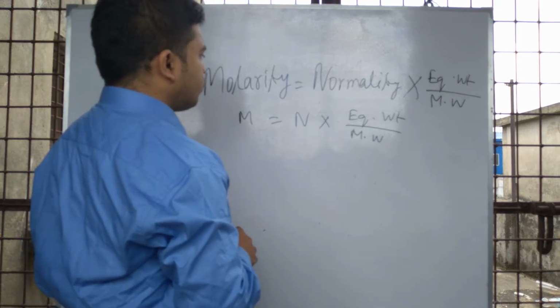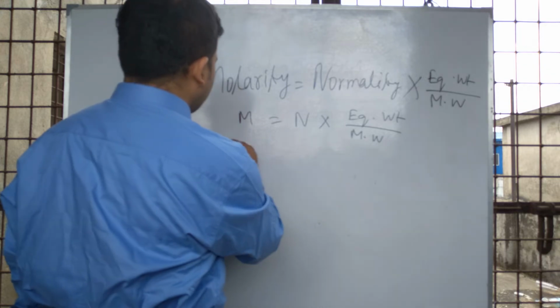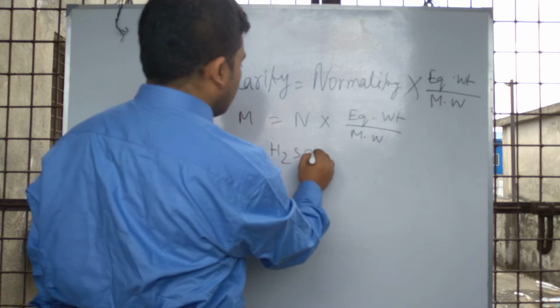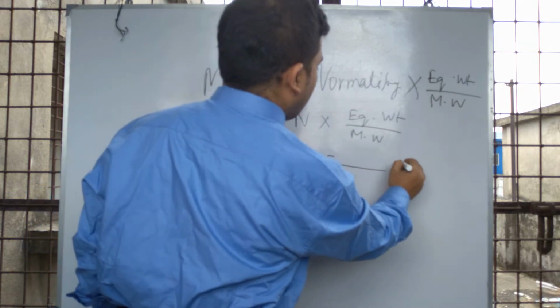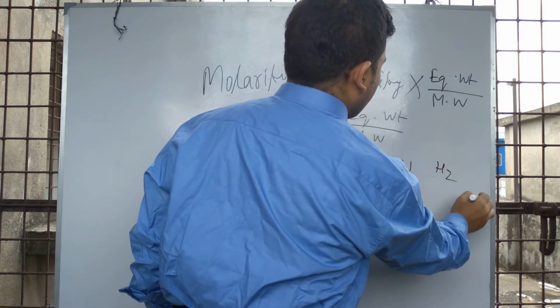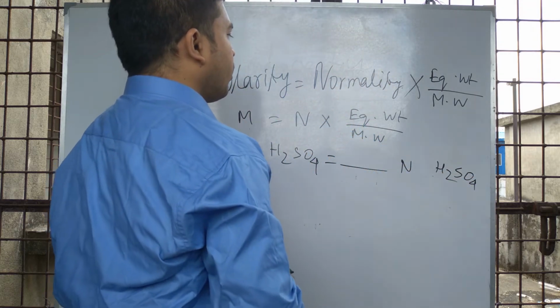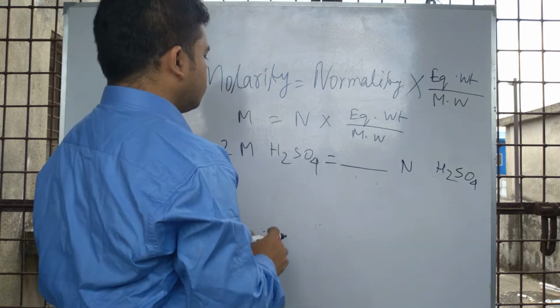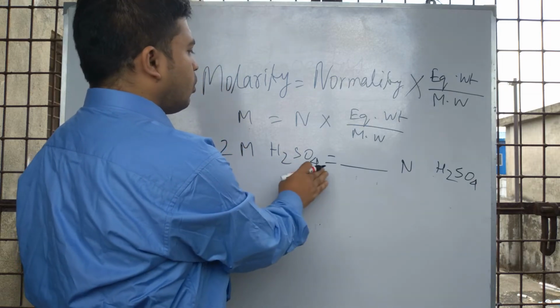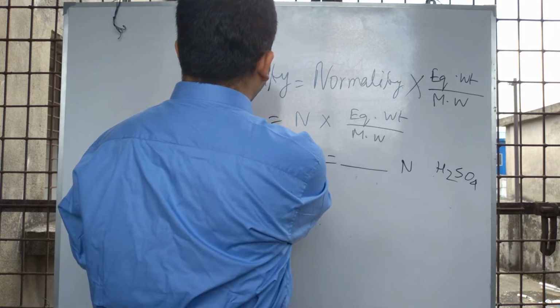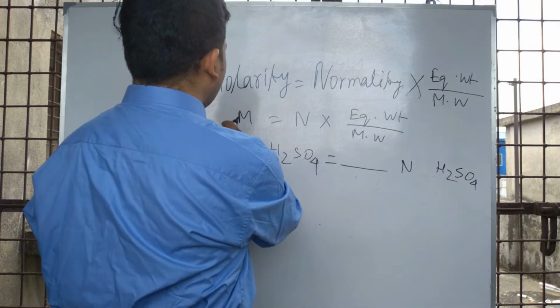Suppose we have 2 molar H2SO4 equal to dash normal H2SO4. From this equation we can solve this problem.